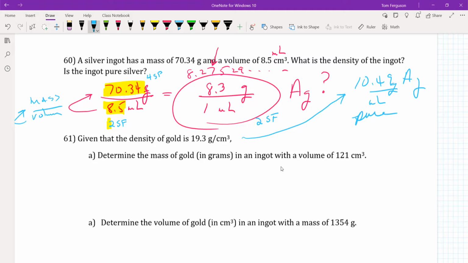So in this case, is the ingot not pure? Yes, because it's not 10.49. The density is different. Yeah, exactly. So if you brought this into Pawn Stars, a big old agate, shiny silver, and said, I want to get cash for it, this is what they would do.